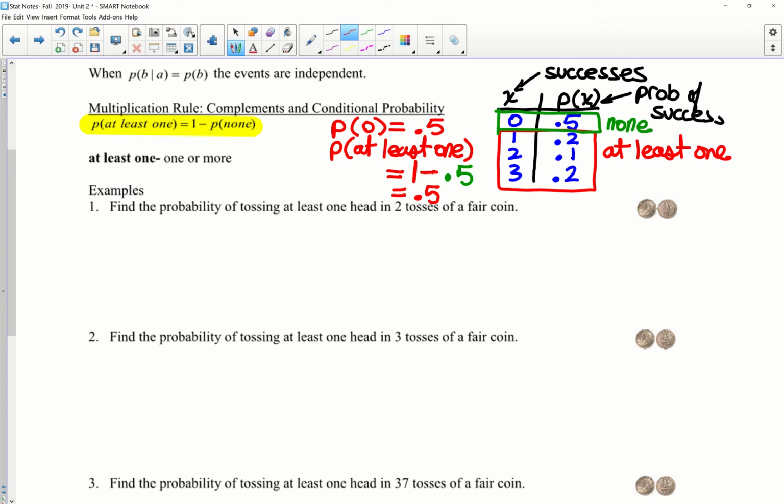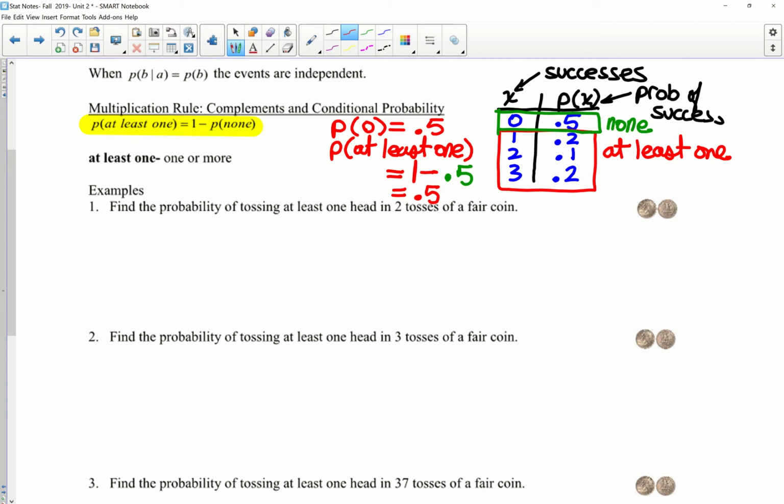Right? So you're going to do it one of two ways. You're either going to identify the none situation and subtract it from 1, or you're going to add up your values that fall into the at least one category, which is everything but the none. So it's a question of what's going to be easier to do. Depends on the number of successes that you could have, right? So this diver only went down 3 times, but what if they went down 300 times?